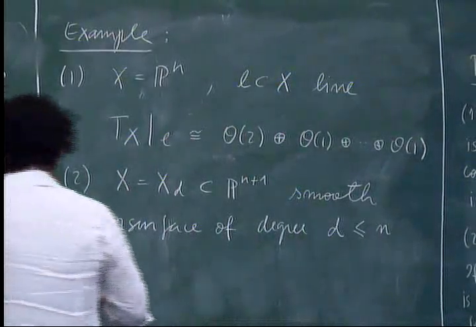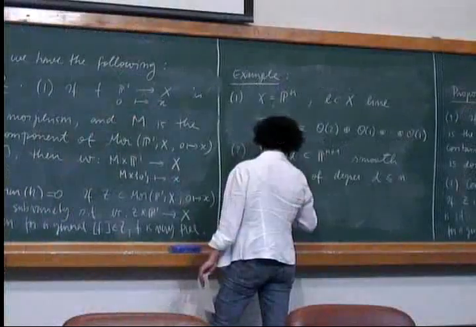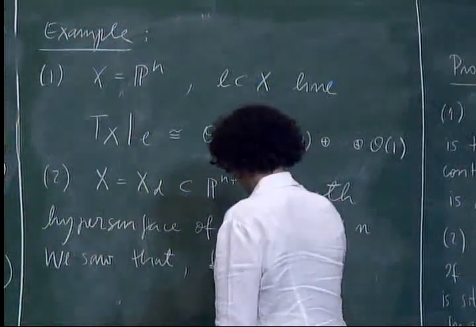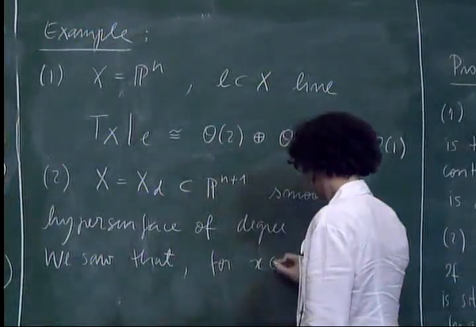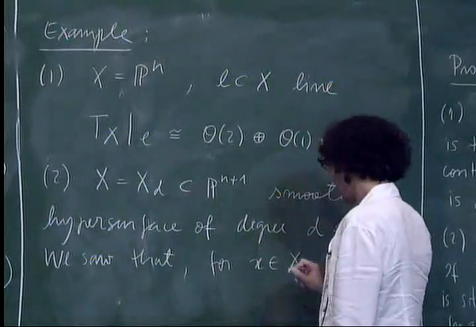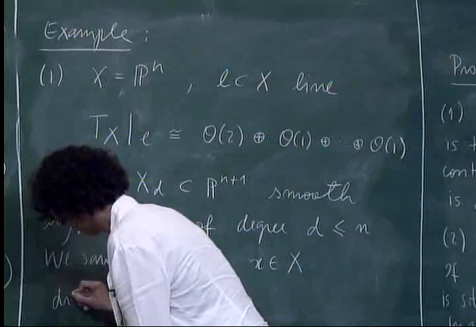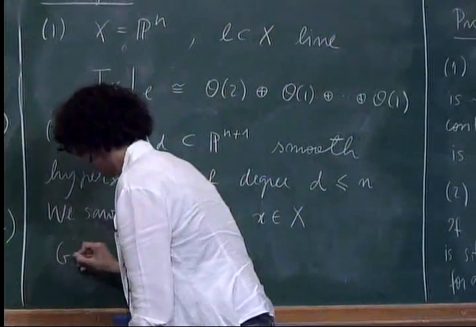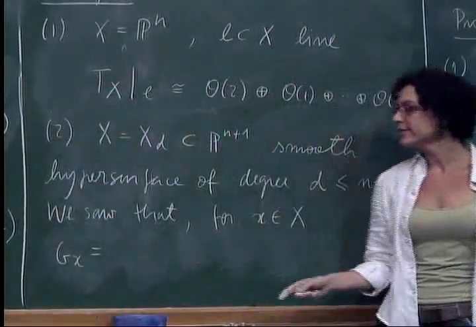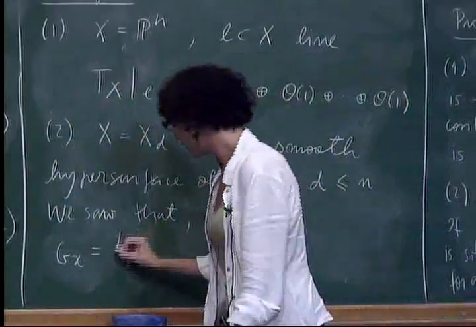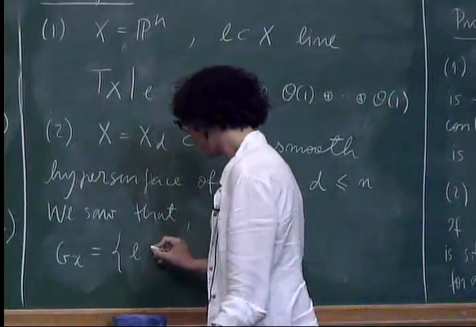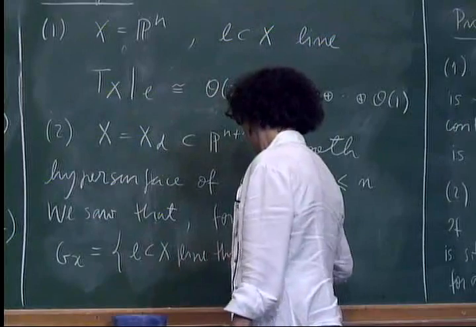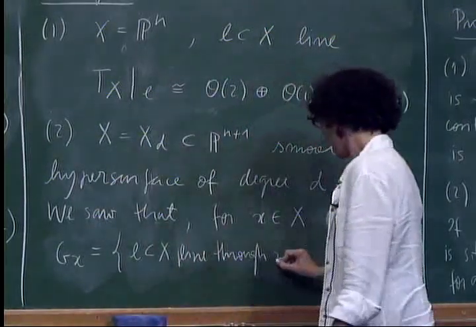So what we saw is that for any point in X, we considered the dimension of the space, which we call Gx, the space of lines on X containing the given point x.